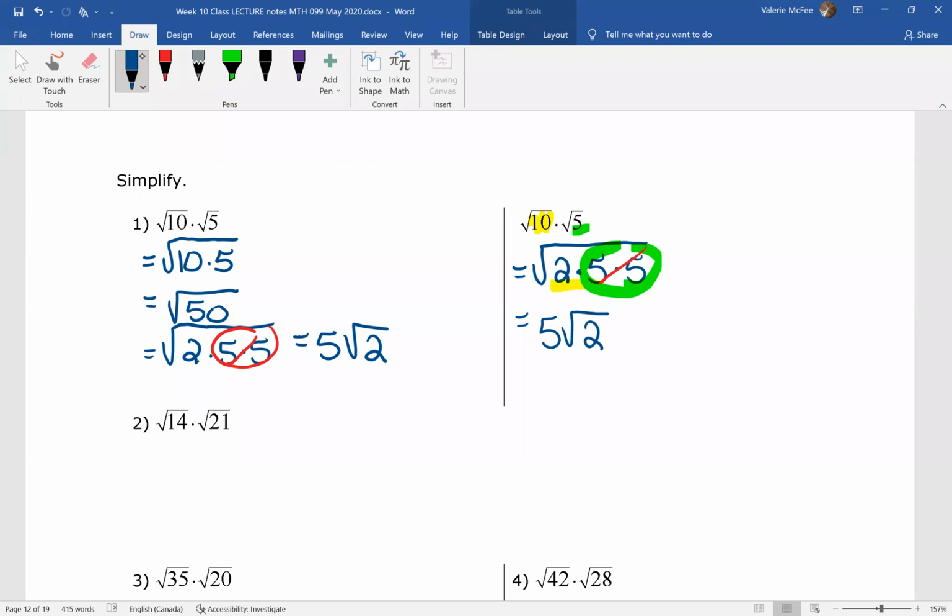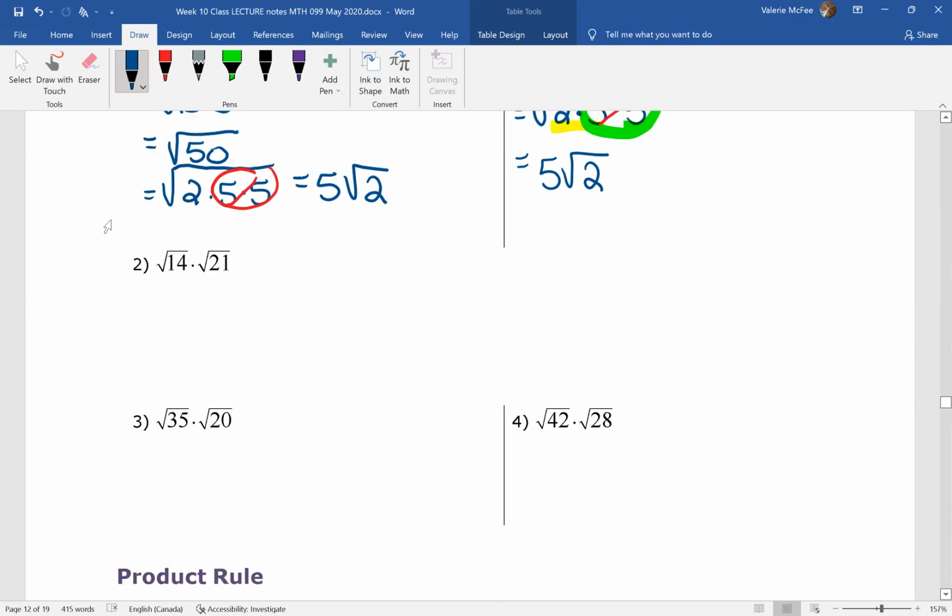I know what some of you are thinking. Well, it's just as easy to get 50 and prime factor. That's why we have question 2 here. I don't want to multiply 14 times 21 and then prime factor a number that's going to be over 200. Prime factoring 14, however, is not that difficult. That's 2 times 7. And 21, that's 3 times 7.